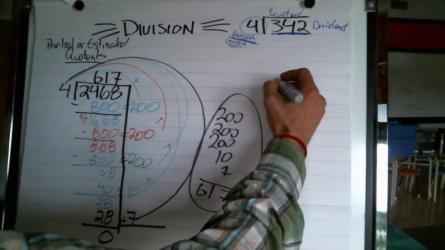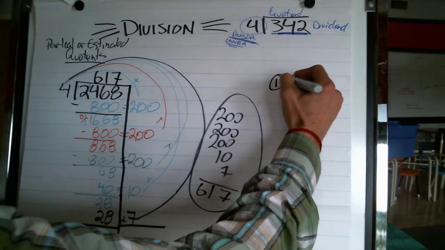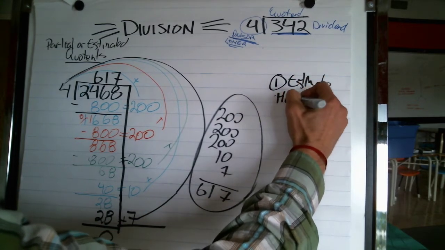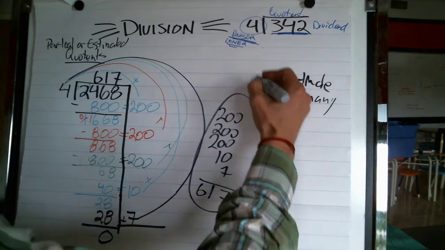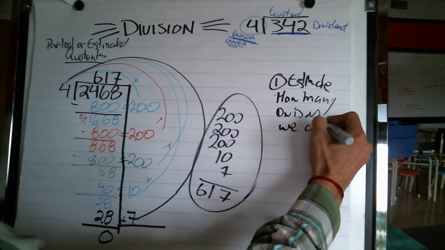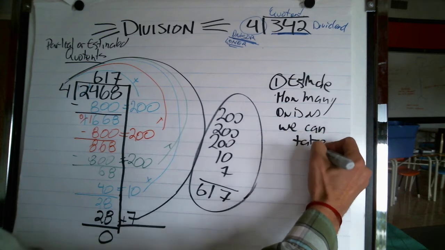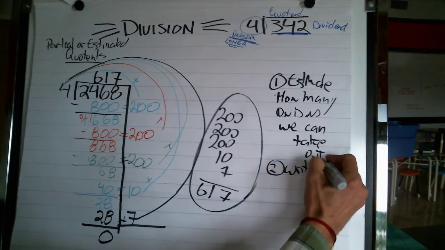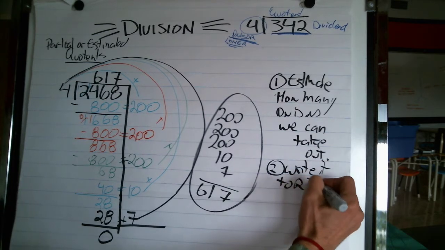So the steps in this: the first one is that we estimate how many loaners or divisors we can take out. Number 2, write it to the right.